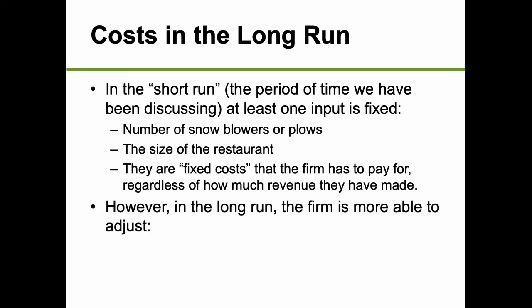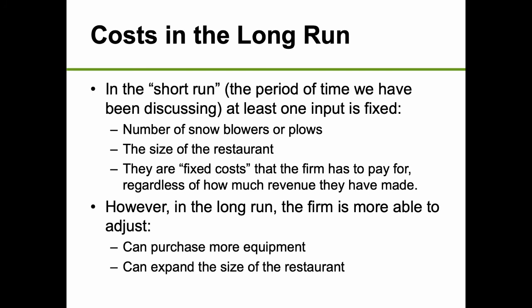But if we have a long enough time period, if instead of looking at things in the context of a week, maybe we're looking at it over the course of 3 years, over that longer time period, the firm has the ability to adjust. It can change its production processes. It can change its production function. And it can change how much equipment it has.